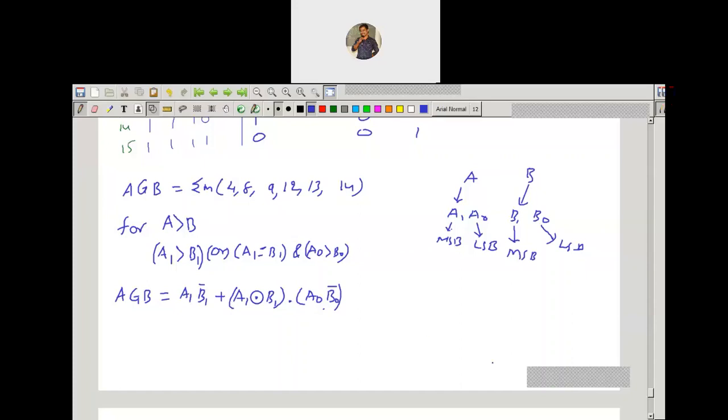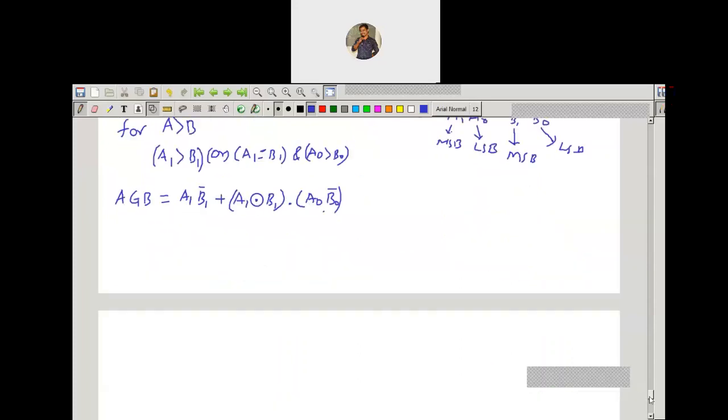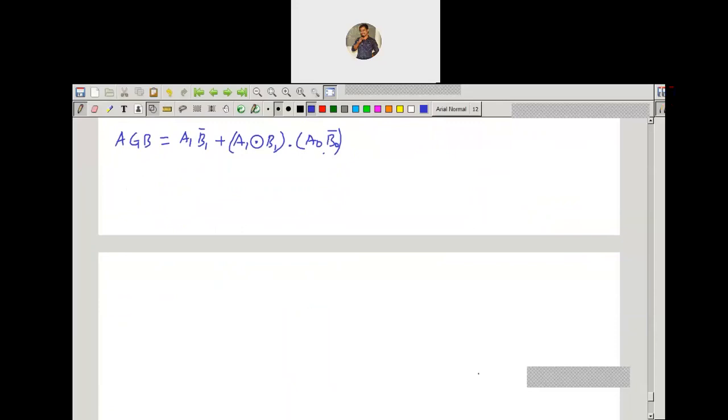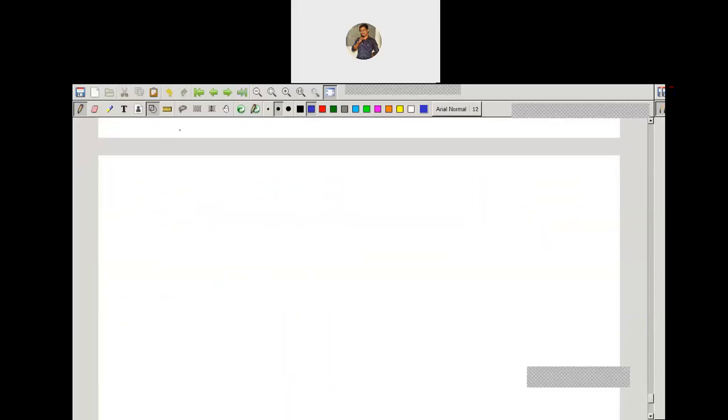Now, similarly, if I write for A less than B, the possibilities are A1 should be less than B1.